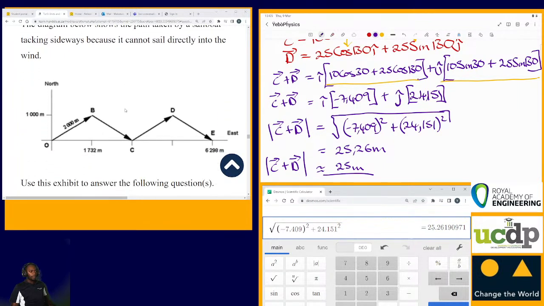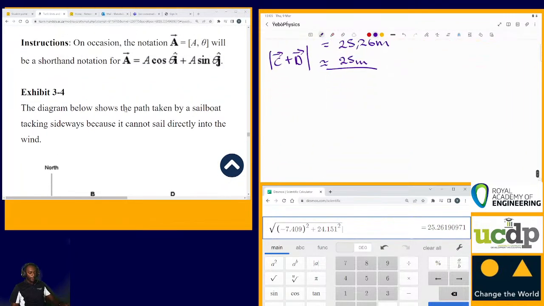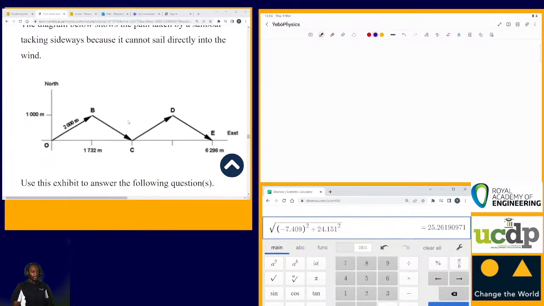Let's look at question 14. The diagram below shows the path taken by a sailboat sailing sideways because it cannot sail directly into the wind. All right, so that's question 14.